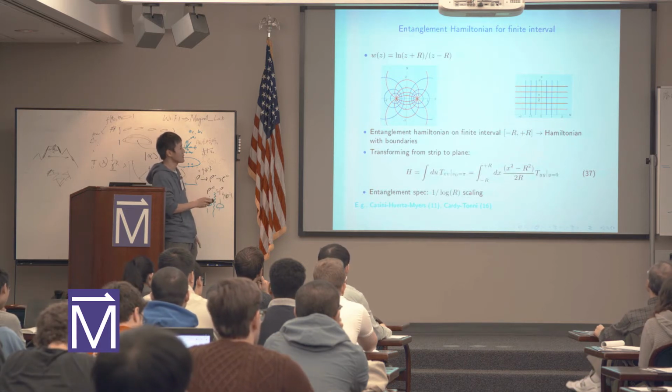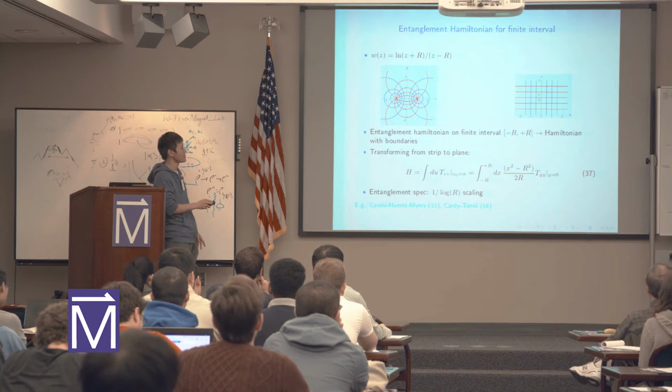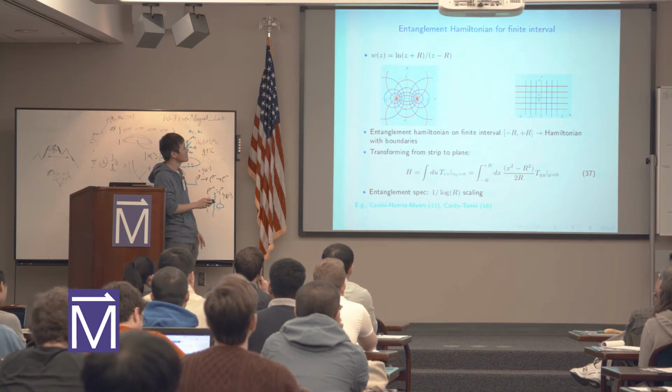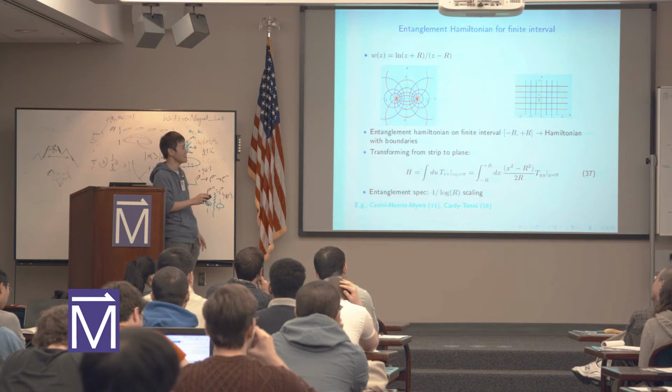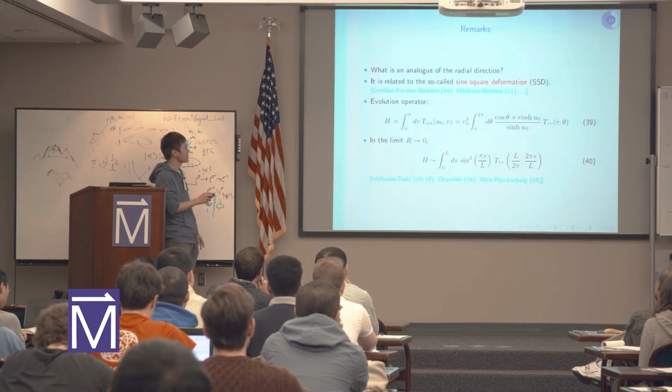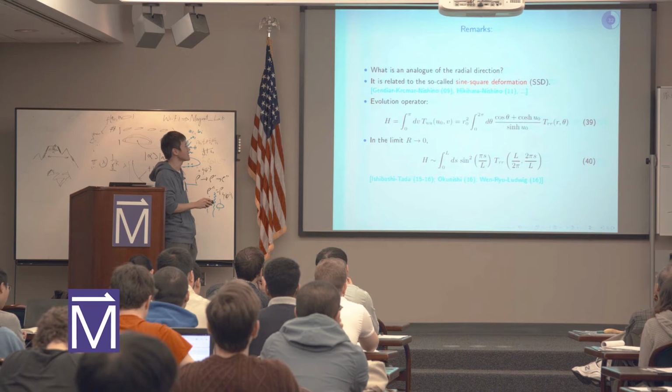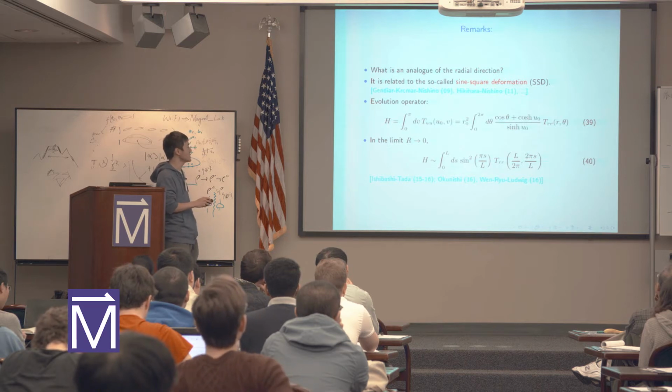If you do it for the blue curve, you get the entanglement Hamiltonian. But if you do it now for the orthogonal direction, you get an evolution operator which is inhomogeneous in spatial coordinate.